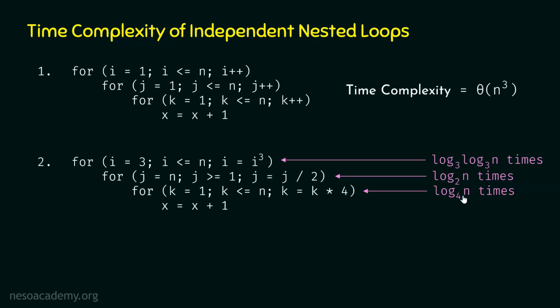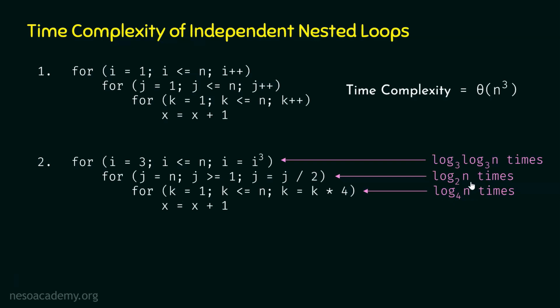So it does not matter whether we have division or multiplication in the update expression, the time complexity is always log n. So with this, we found out the frequency counts of these for loops. And now we need to multiply these frequency counts. Let's forget about the bases of logarithms, because in asymptotic notation, we will not mention these bases. Here we have log n and here also we have log n. Log n times log n is log square n.